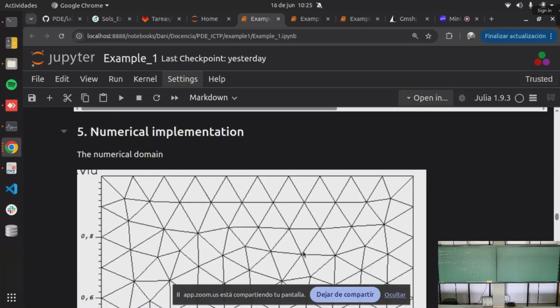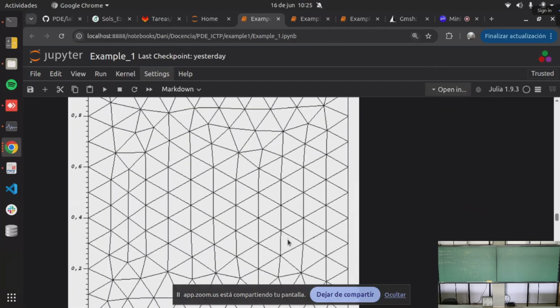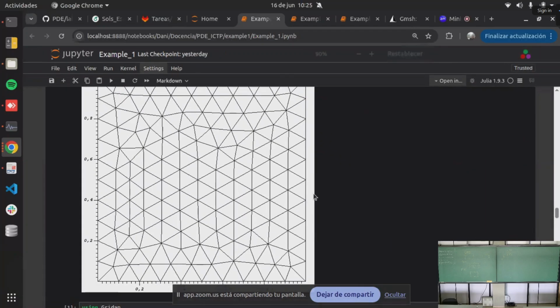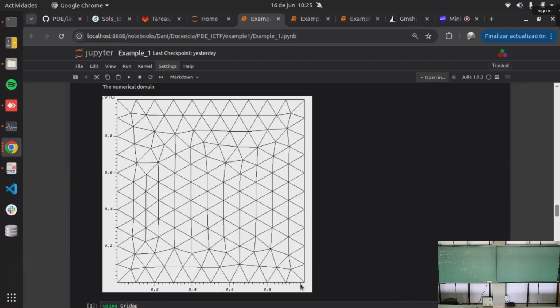The numerical domain, you can see the complete domain now, is a square, and these two lines are gamma 1 and gamma 2, the information of the origin, and in this line we collapse the information of the infinity.